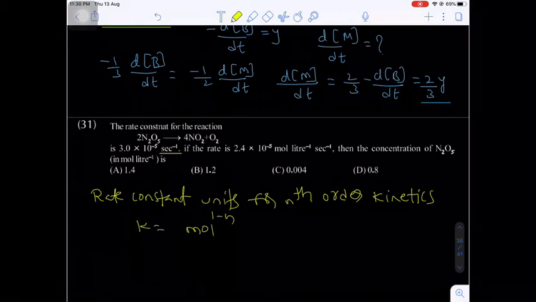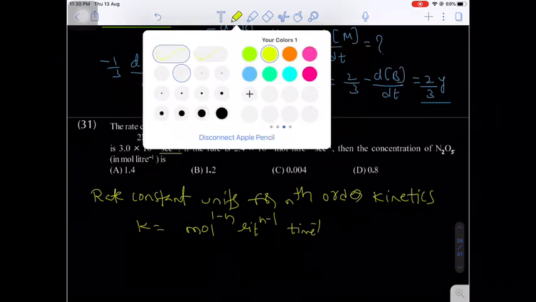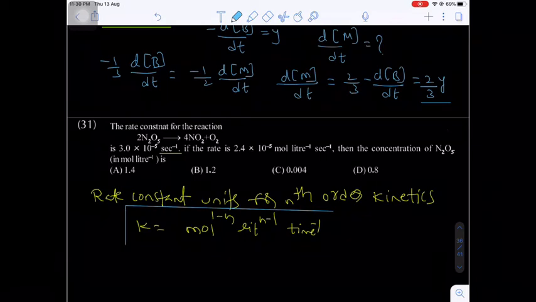K will be equal to mole to the power 1 minus n, liter to the power n minus 1, and time inverse. Yes or no? Once again I am telling you, this is a very important relation for the units of a rate constant.